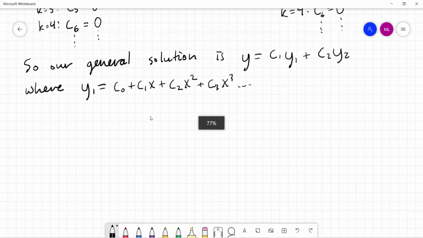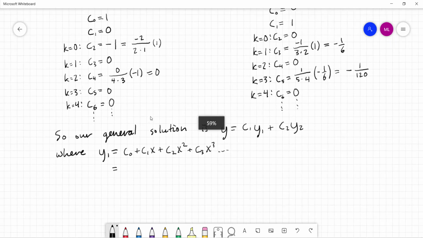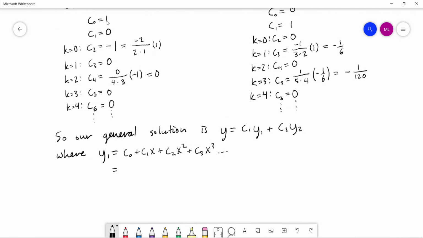Let's zoom in and do that. What did we get for those coefficients in this problem? Here they are. Here's the list of them. C0 is 1, so that number's 1. Plus C1 times x, which was 0, so that term's gone. Plus C2x squared. What was C2? C2 was -1. So -1 times x squared.